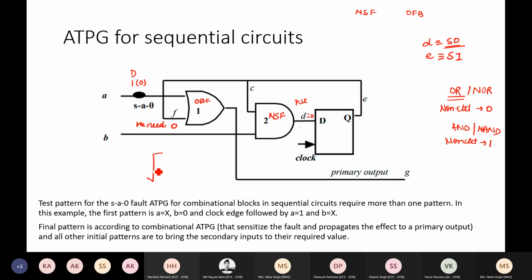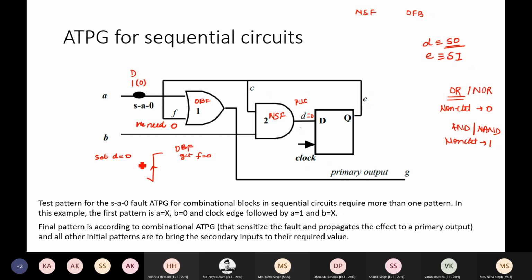I am analyzing OBF here. क्लॉक से पहले पिछले टाइम फ्रेम में आई सेट D इक्वल टू 0. तो OBF एनालाइज करते वक्त आई विल गेट F इक्वल टू 0, राइट?